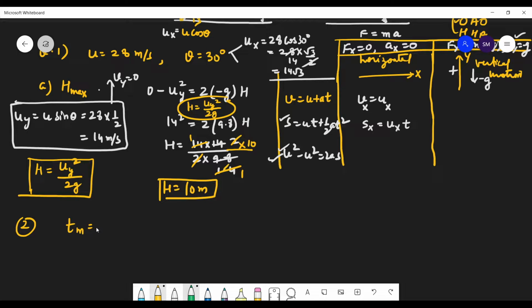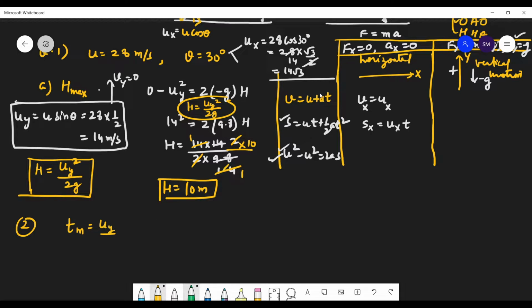So now we have this distance and time. We can use this formula: V is equal to U plus AT. So V will be 0 and U is equal to Uy, and A is equal to minus g, and this Tm.